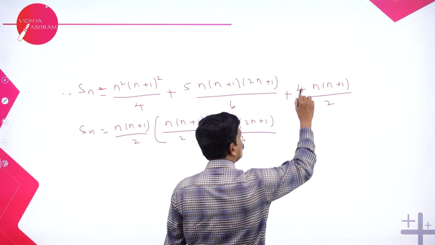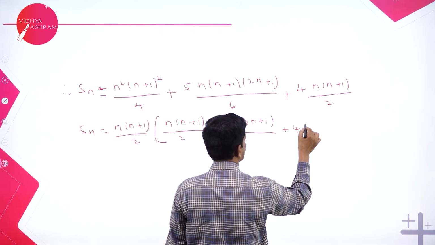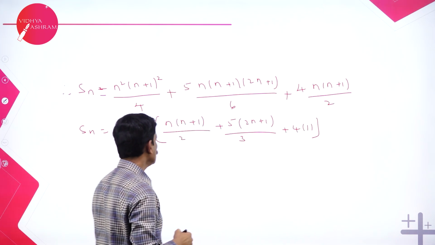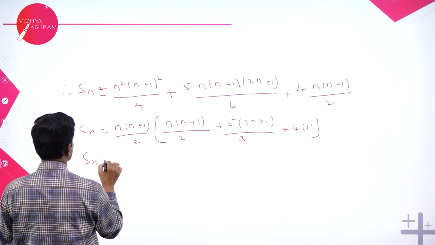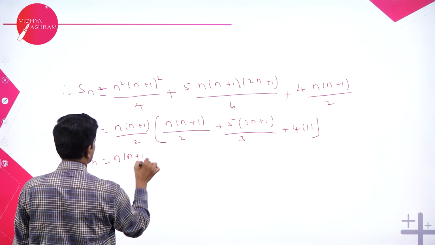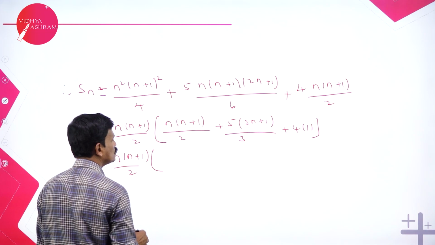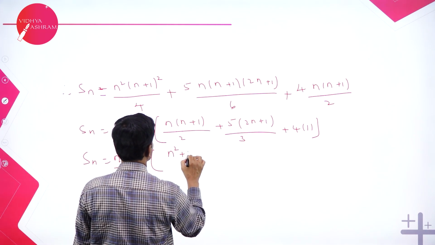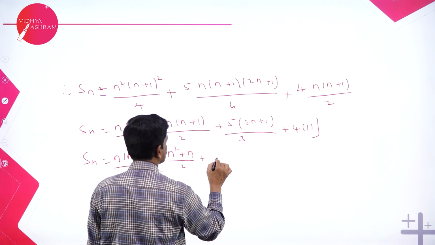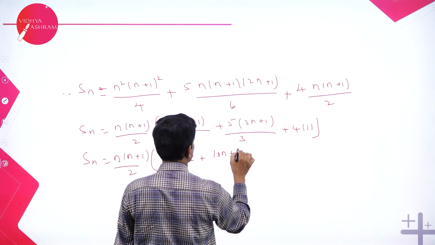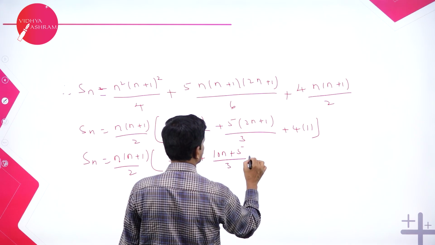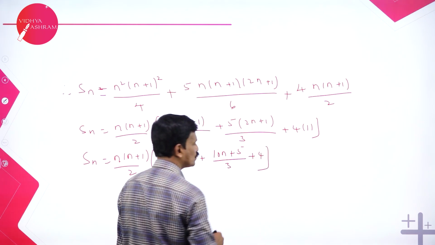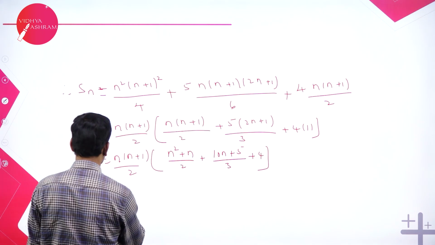So here n into n plus 1 is gone. What is left is 4 into 1. So Sn is equal to n into n plus 1 divided by 2 into, multiply this. That's it. n square plus n by 2, plus 5 2s are 10n plus 5 divided by 3, plus 4 1s are 4. Take LCM and simplify.